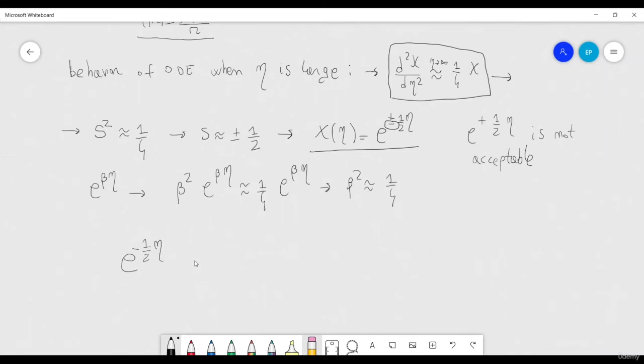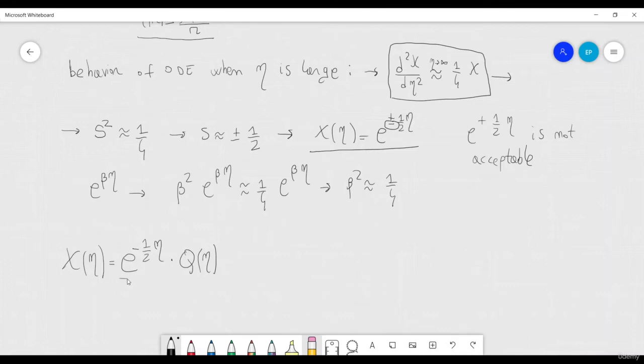But now let's assume that the function chi of eta can be written as e to the minus 1 half times eta, and then here I will put some function q of eta, where this function q of eta should not grow too fast, or faster than this exponential.